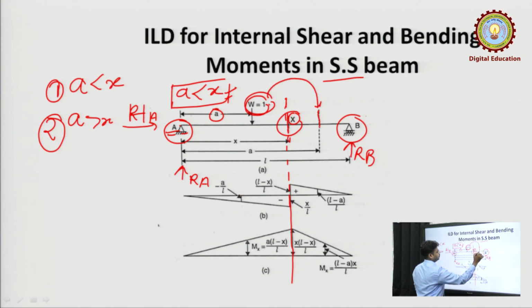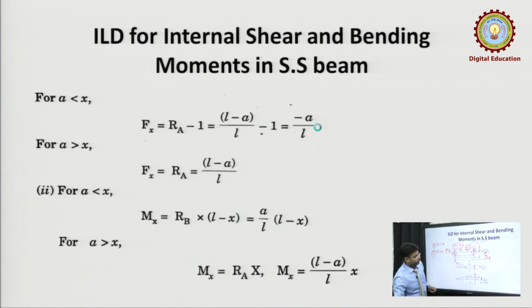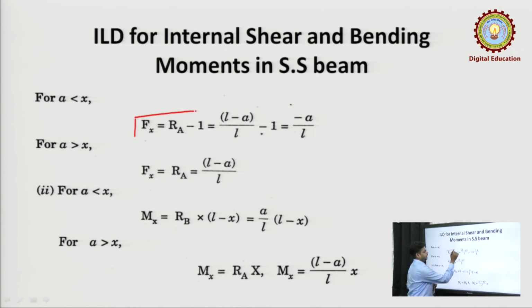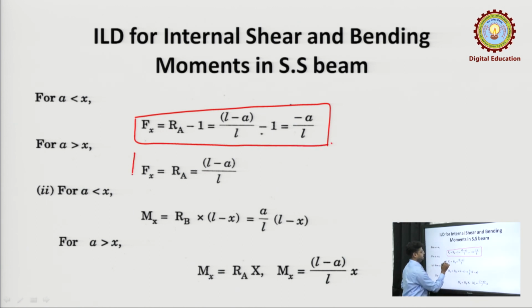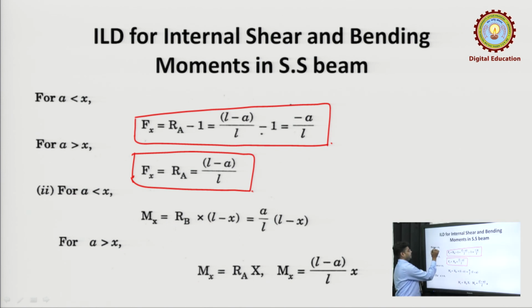Now your unit load is acting here. If your unit load is acting here, what are we going to do? We are finding the shear equation when a is less than x and when a is greater than x.